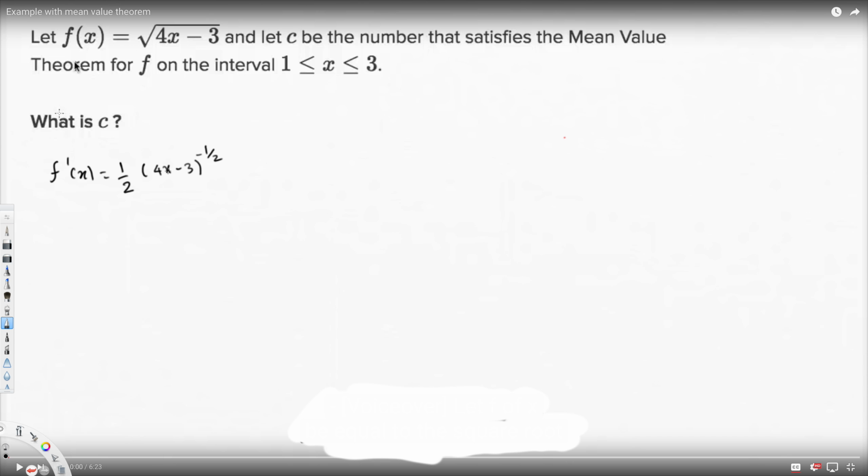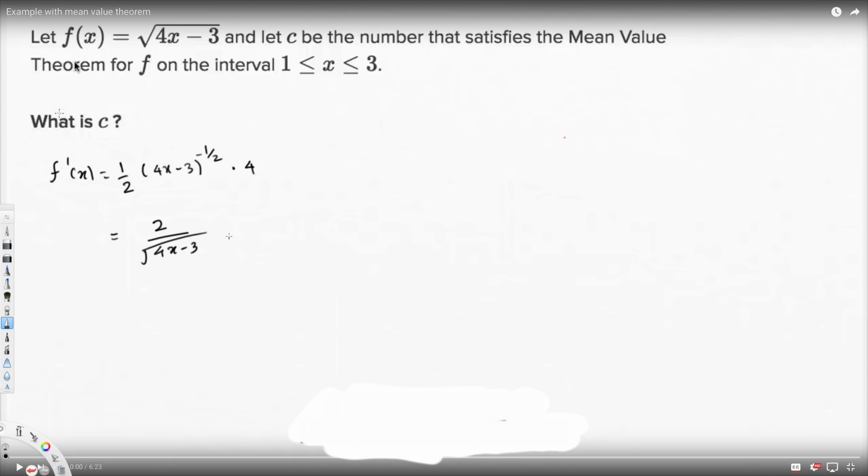Then we have to take the inside derivative. This is the chain rule, with an outside derivative and an inside derivative. The inside derivative is just 4, and the minus 3 becomes 0.